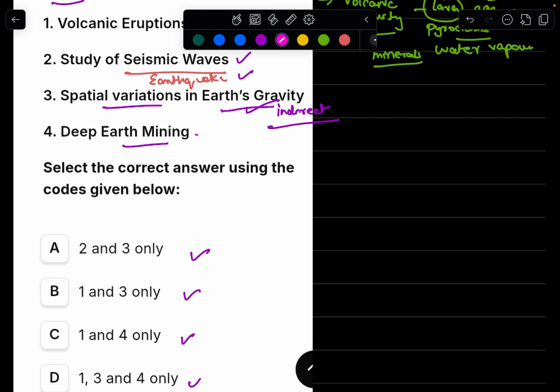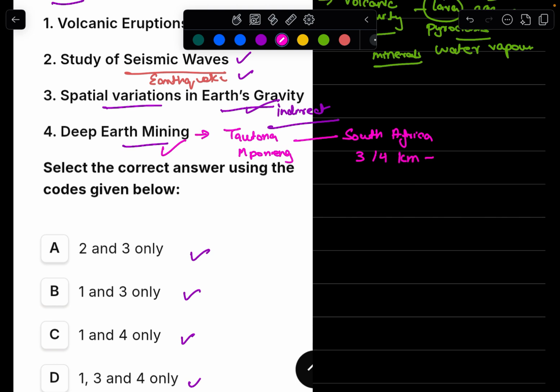Deep earth mining. If we talk about deep earth mining, we are directly interacting with the surface of the earth. That means it's a direct source. We know that there are two actual very deep mines in our earth's crust. One is Tautona and the other one is Mponeng. Both these mines are where? In South Africa. They are as deep as 3 to 4 kilometers.